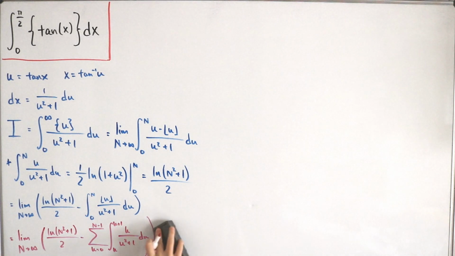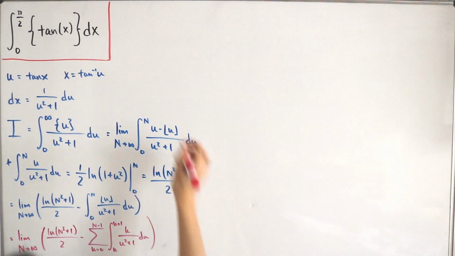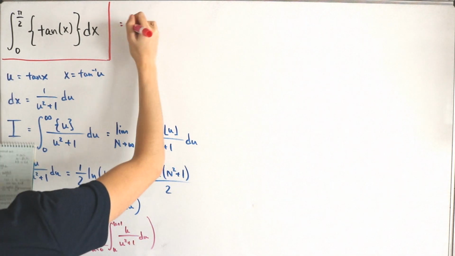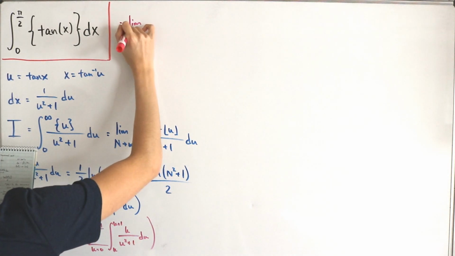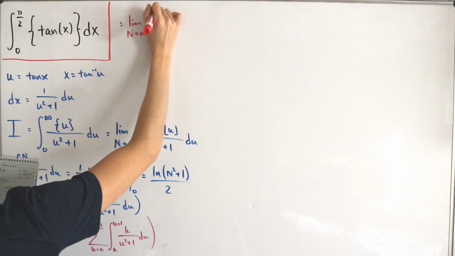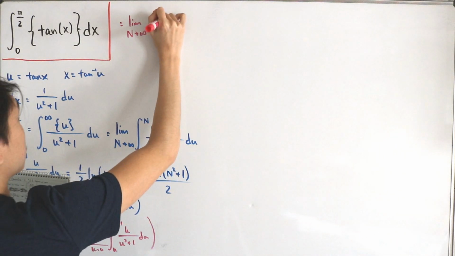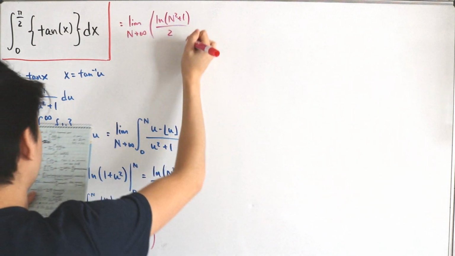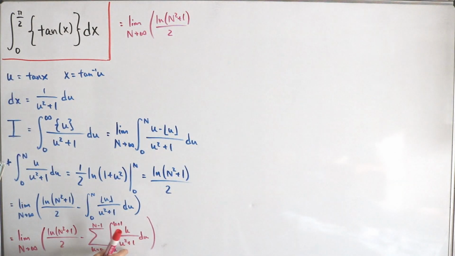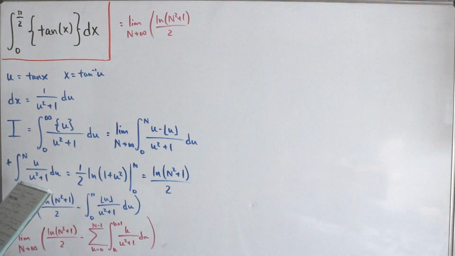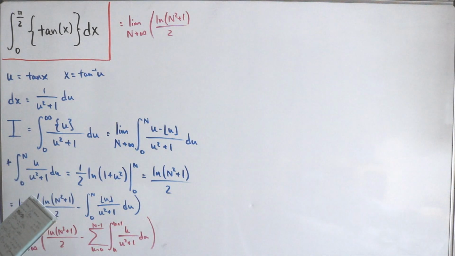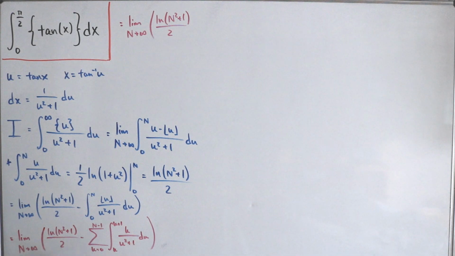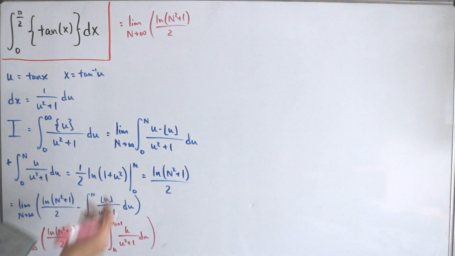I'm going to move this to the next line to utilize some space. Continuing, this is the limit as capital N approaches infinity, and we still have the natural log of capital N squared plus 1, divided by 2. Then, since this is an easy antiderivative, I'll factor out the k, leaving 1 divided by u squared plus 1. The antiderivative of that is arctangent of u, evaluated from k to k plus 1.